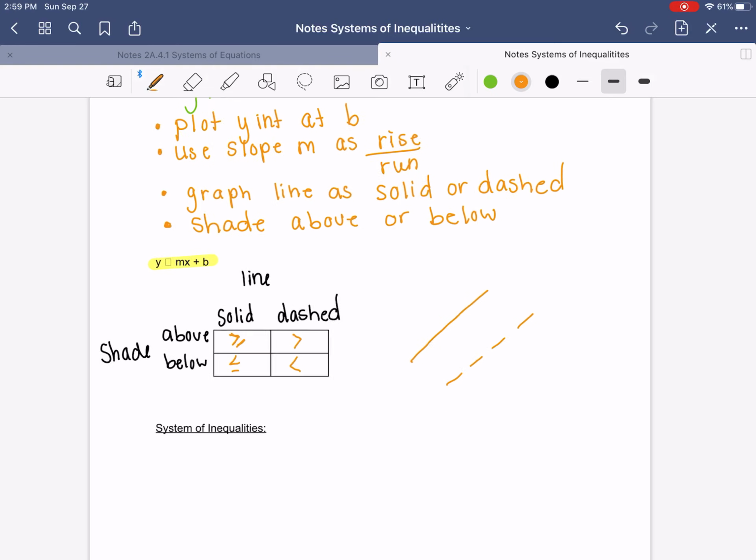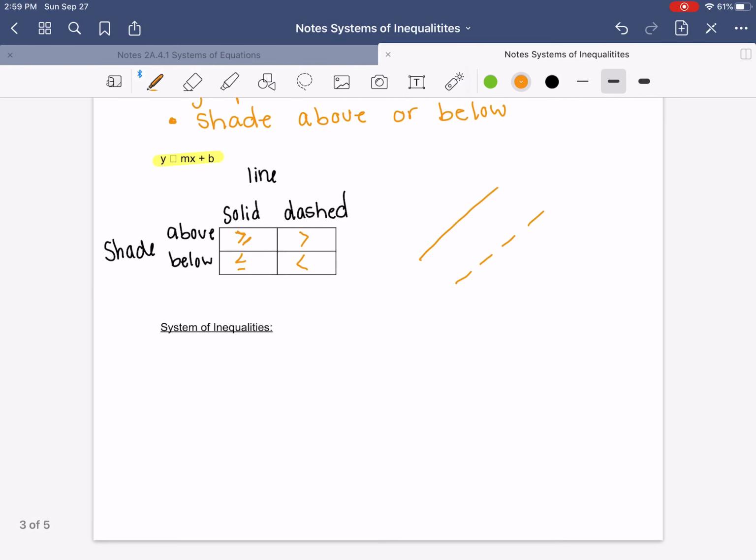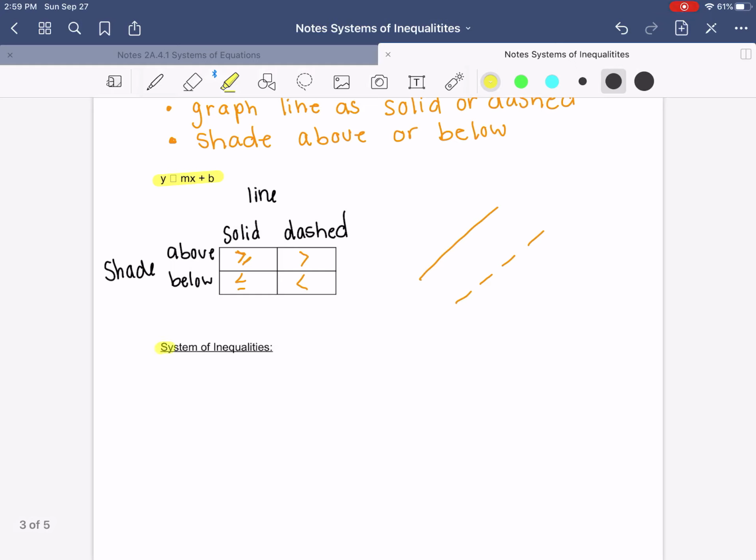If you have a system of inequalities, a system means you're going to have two inequalities. You just have to graph them on the same plane, and then your solutions are going to be where the shaded areas overlap.